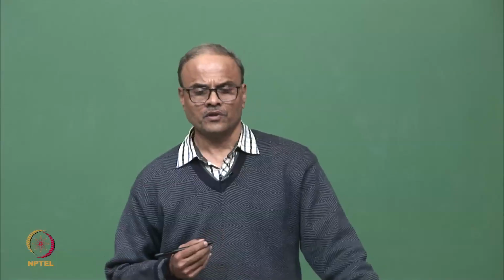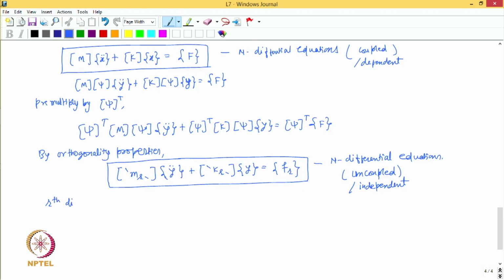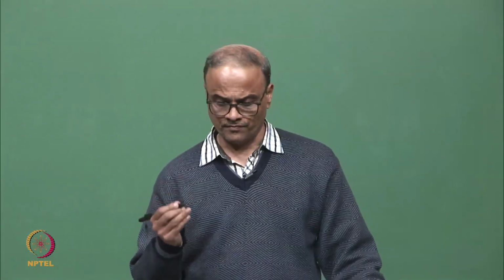So, if that is so, let us write one of these equations. If I look at say the rth differential equation, then I can write it as Mr yr double dot plus Kr yr is equal to Fr, right. This differential equation seems similar to the equation of motion for the forced vibration of a single degree of freedom system, right.